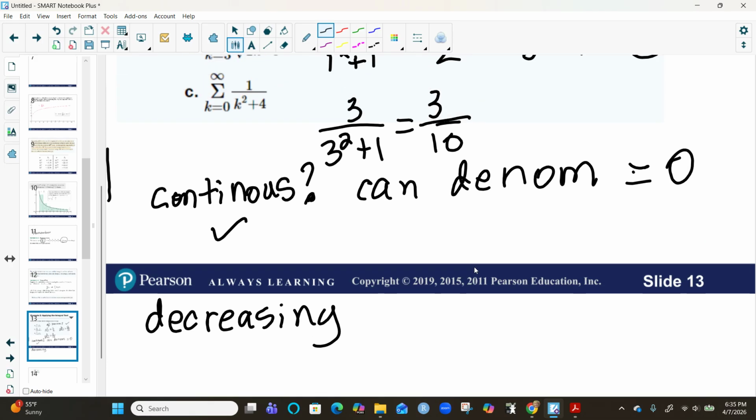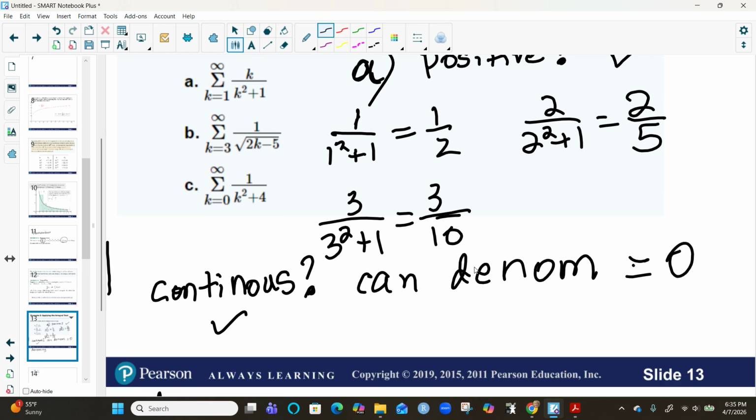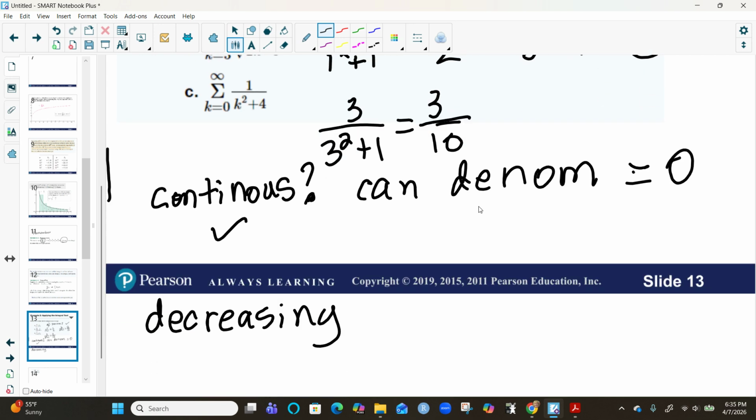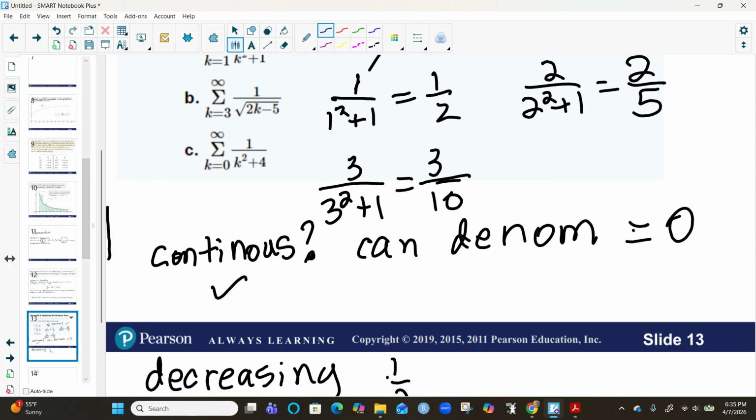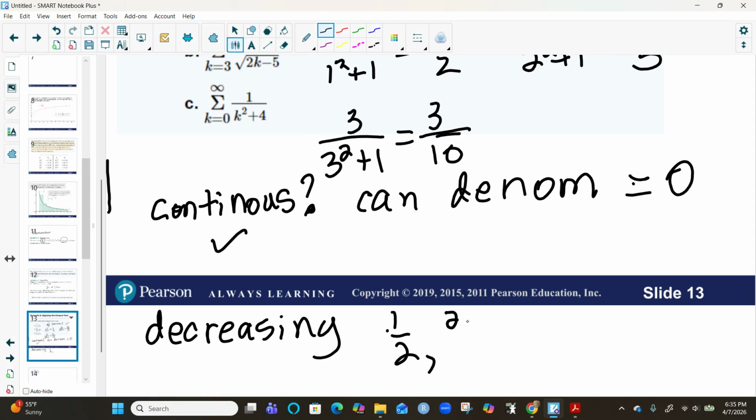In a lot of them, you'll be able to tell that they're decreasing. So let's take a look at ours. My first term was a 1/2. My second term was 2/5. And then a 3/10. And obviously this would keep going. But if you look at the value, I like to go out a few terms. Can you guys see that it's decreasing? And so that is enough.